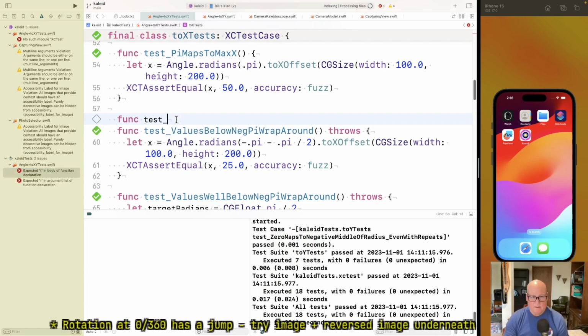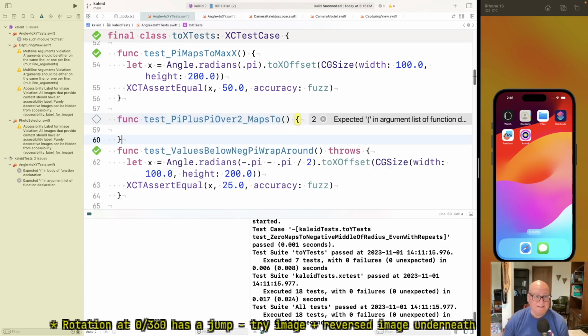Oh, pi plus pi over 2 maps to, all right, we'll fill that in a moment.